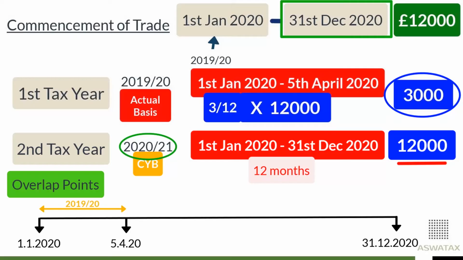And 1st Jan 2020 to 31st December 2020 was taxed in the 2021 tax year. So as you can clearly see, this is the bit of overlap. This element has been taxed twice.